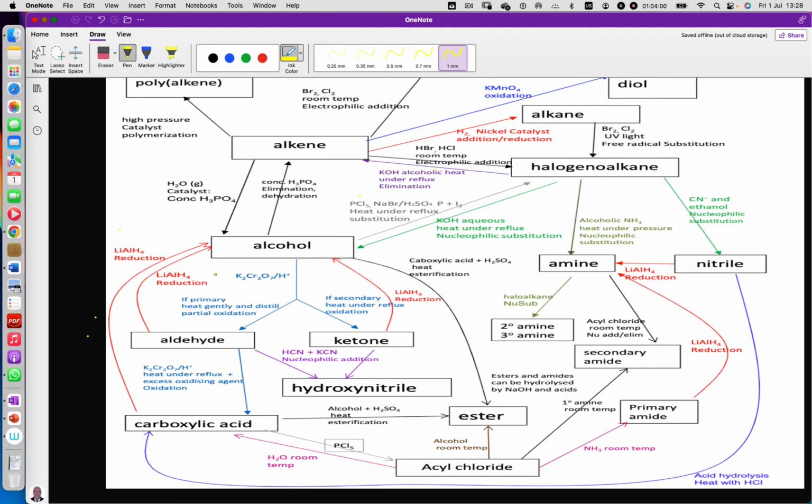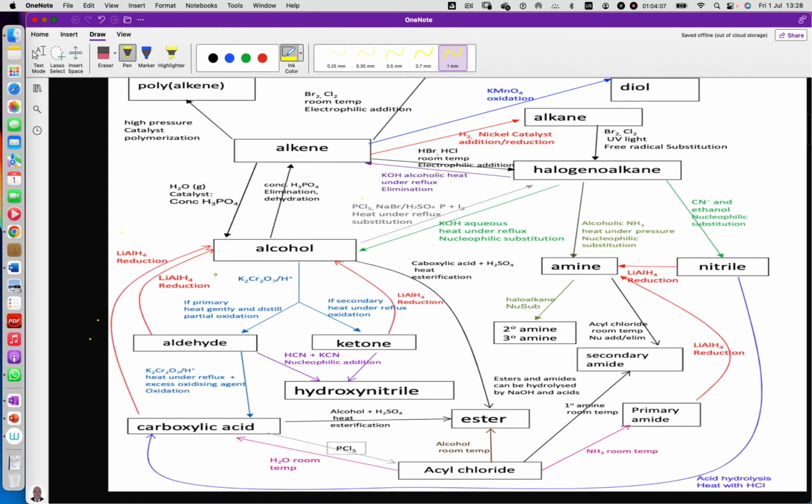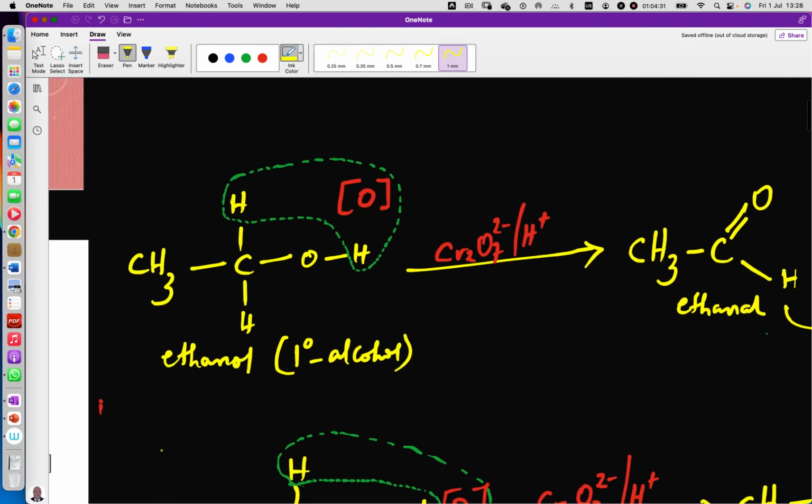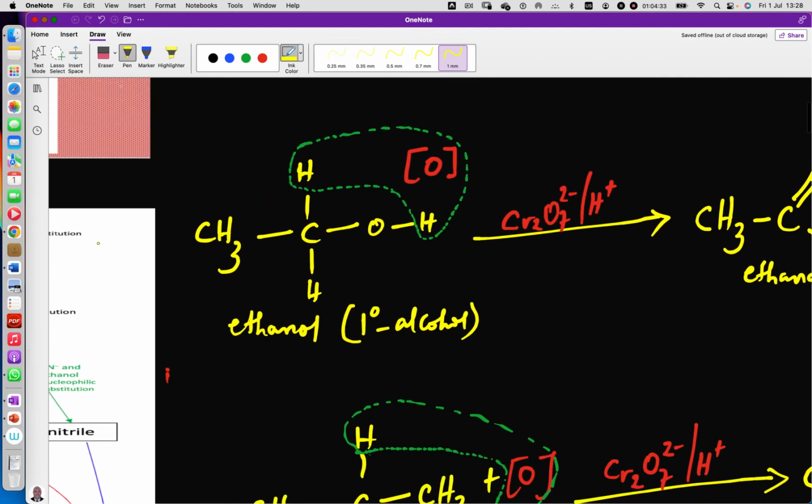Then ketones again can undergo reduction back to alcohols, back to a secondary alcohol. So now let me show you how you can come about this.